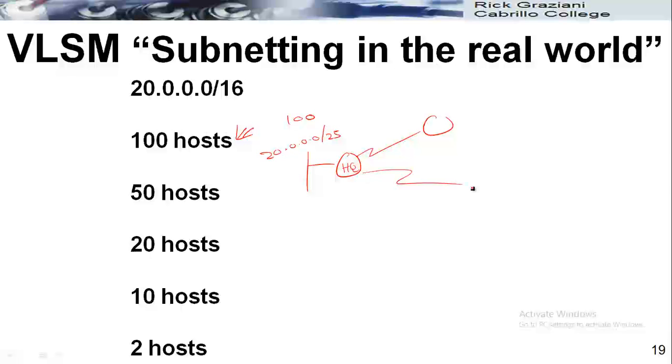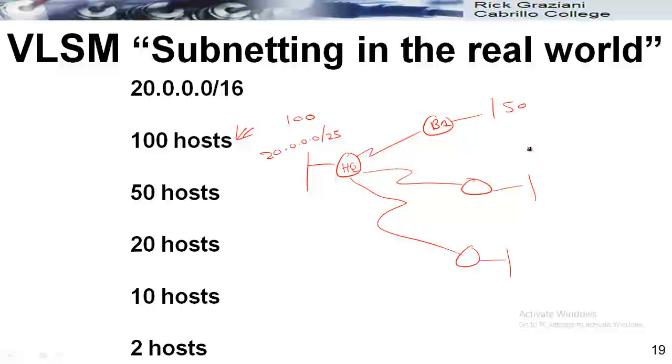So for the other branches, this could be a network that looks like this. This is where you have maybe branch 1 is a bigger branch, they have 50 employees there. The next branch, maybe they have 20, and maybe this is the last branch that they opened, they have only 10 employees in that small branch.